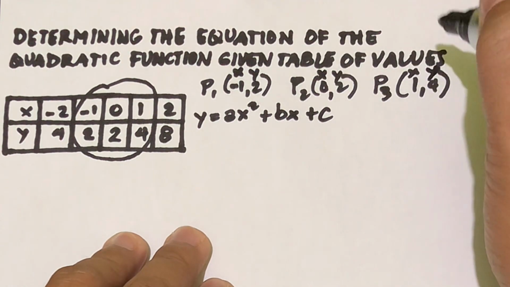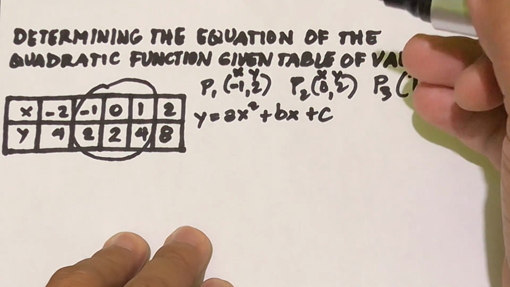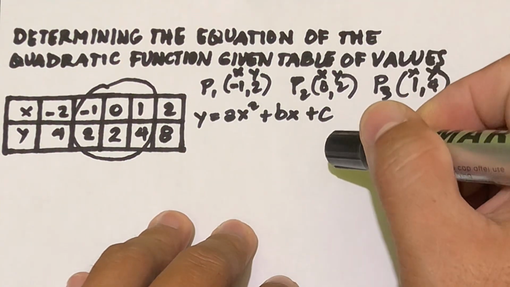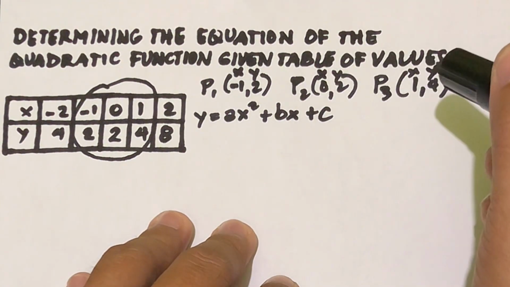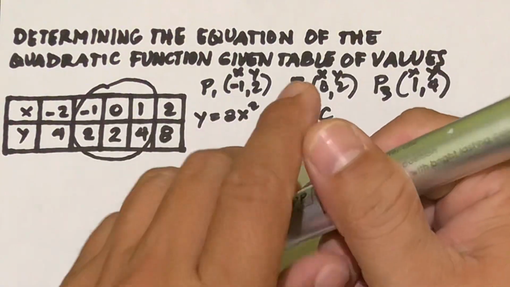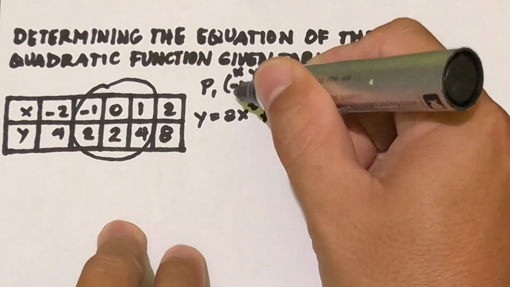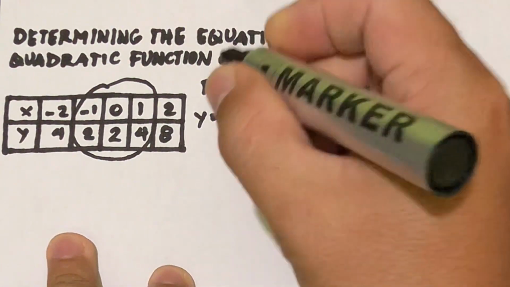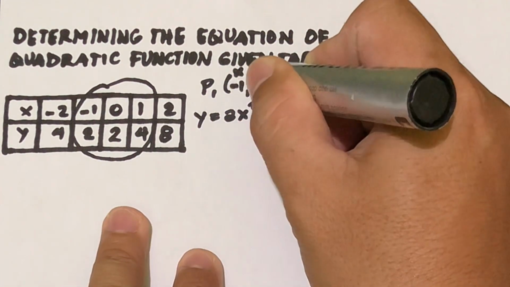So our purpose here is to make 3 equations. Then from those equations, we're going to apply elimination so that we can find the values of a, b, and c. So let's have first point 1, (-1, 2). We substitute x with negative 1 and y with 2.